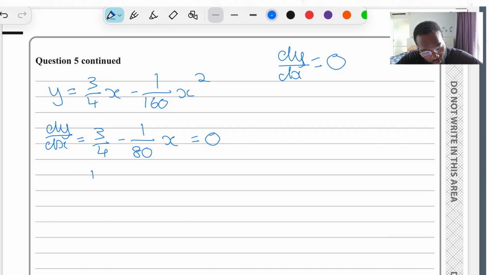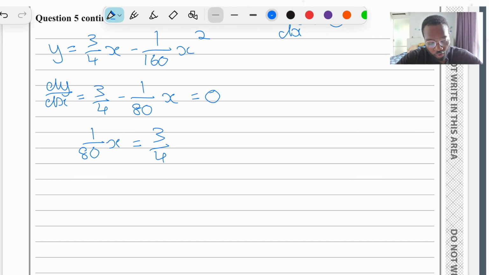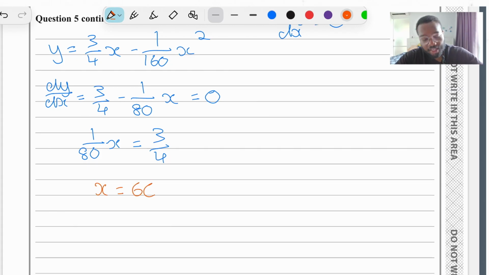Therefore, we get 1 over 80x equals 3 over 4. And if you work this out, 3 over 4 divided by 1 over 80 is the same as 3 over 4 times 80. Therefore, we would get x as 60. And that is also the midpoint, right? Because we know that OA is 120 meters, the midpoint would be 60.